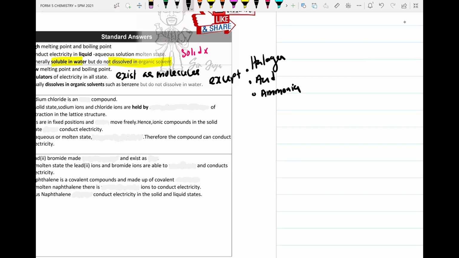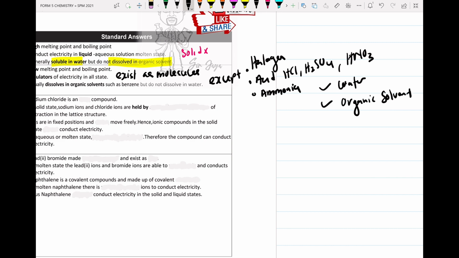These compounds, such as hydrochloric acid and sulfuric acid, are made up of covalent compounds, but they do dissolve in water. At the same time, they dissolve in organic solvent.